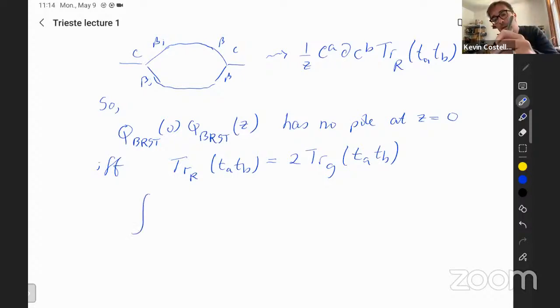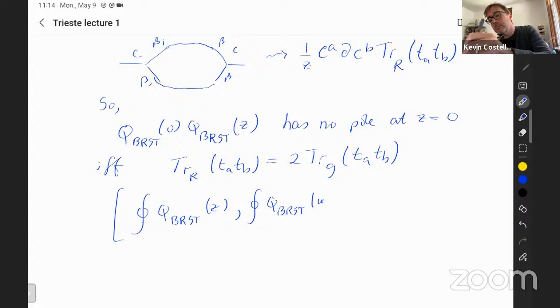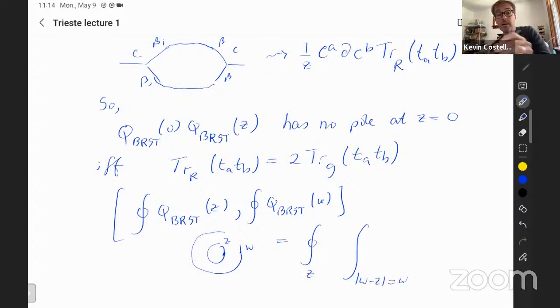Well, if I compute the commutator of its integral, when I move the contours past each other, we'll pick up a term where one of them is integrated around in a little circle around the other.